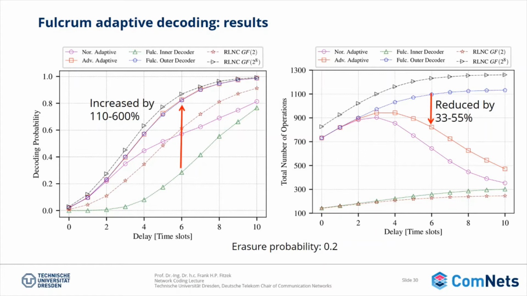So we can see that the decoding probability of the adaptive decoder stays as high as the outer decoder, while it reduces the complexity from 33% to 55%.